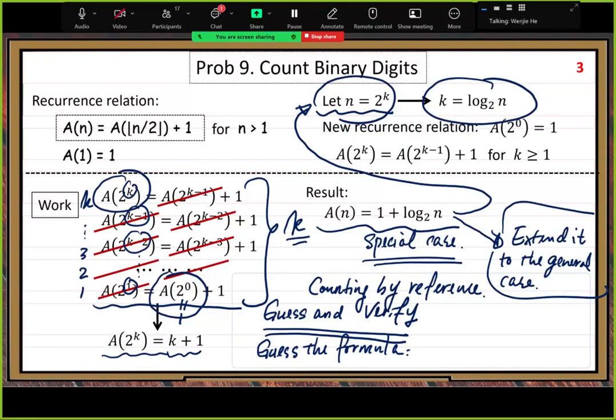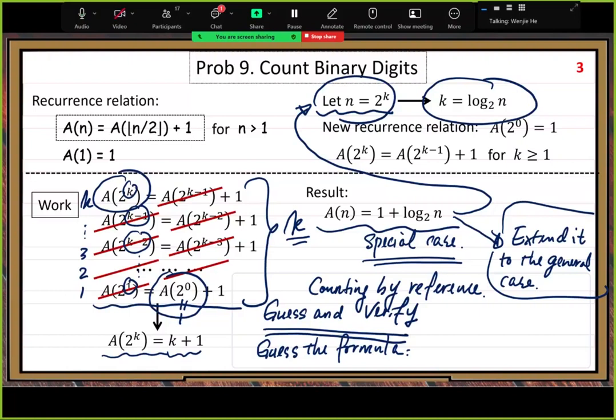Remember, last time when I talked about the strategy of guess and verify, I also mentioned that your guess should be as close to the true answer as possible. If it is far away from the true answer, then the remaining work will be too much.